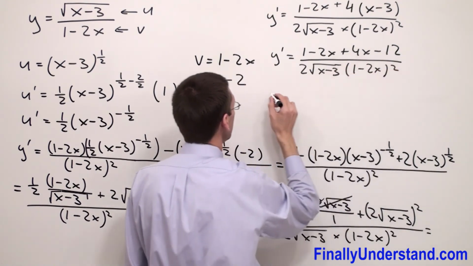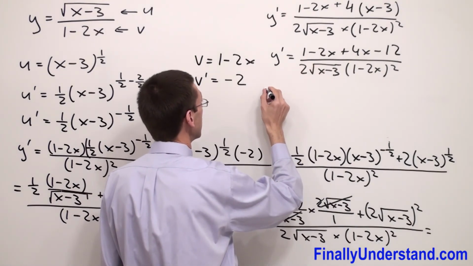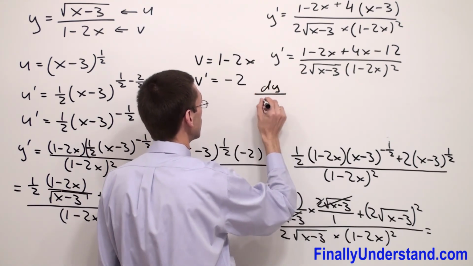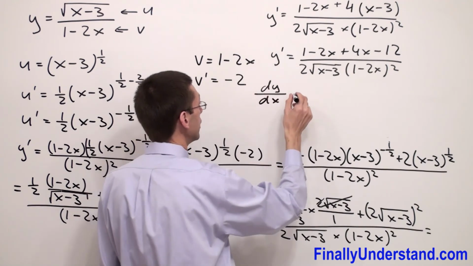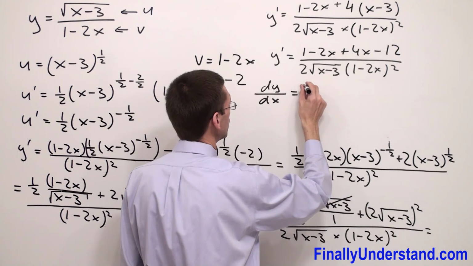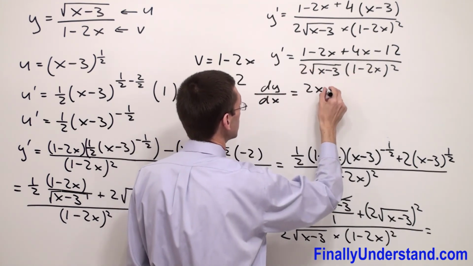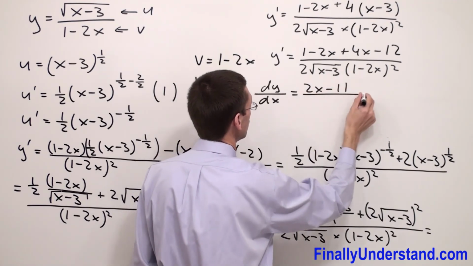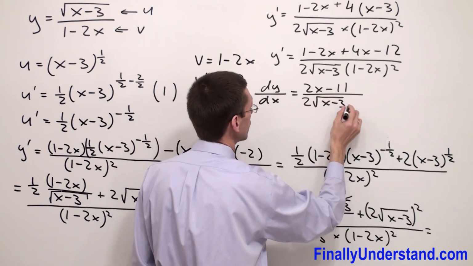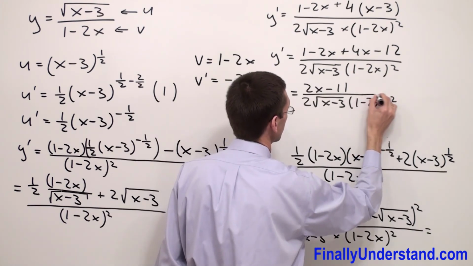Now we're supposed to organize the numerator again, and we have, let me write this down, dy over dx instead of y prime is equal to negative 2x plus 4x gives me 2x. 1 minus 12 is negative 11, over 2 square root x minus 3 times 1 minus 2x to the second power.